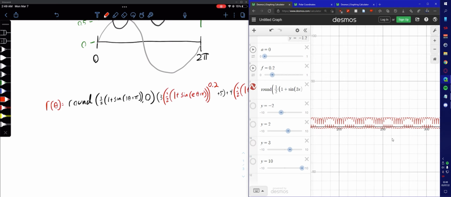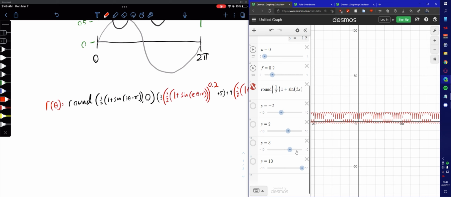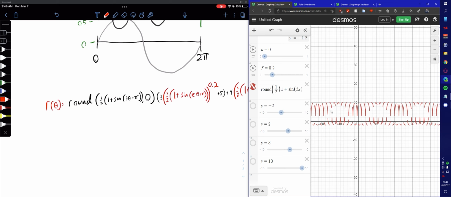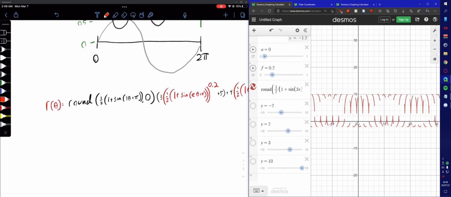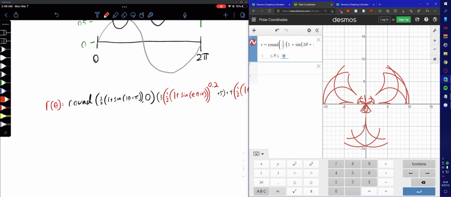Quite a neat little sequence. And basically, what we do when we grab this equation and we put it in polar coordinates is it just wraps around itself, right around the origin, right here.